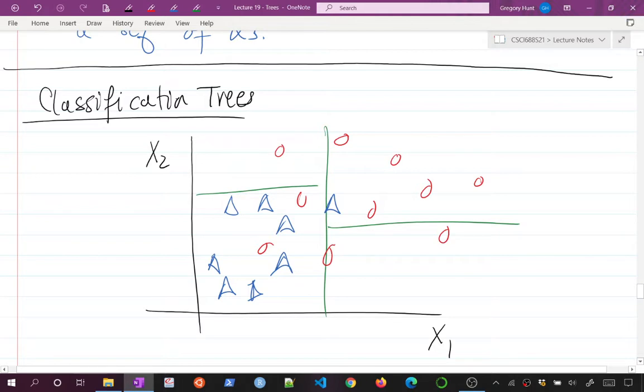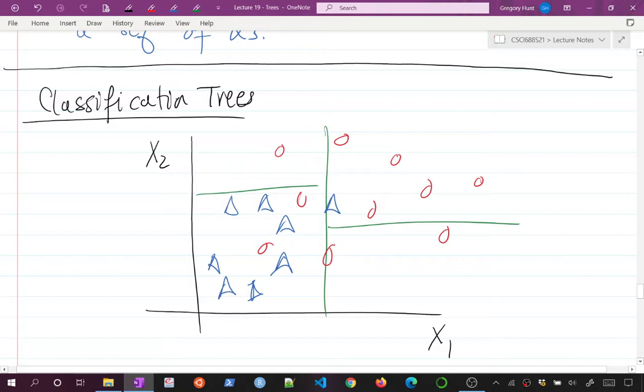The other way to think of it is that you minimize the misclassification. For example, if you measure purity by misclassification rate, then you would be minimizing the misclassification rate over my training data. If you use something like Gini index or entropy, you're minimizing the Gini index or the entropy, not misclassification directly. But the idea is you want your splits to give you very pure rectangles.